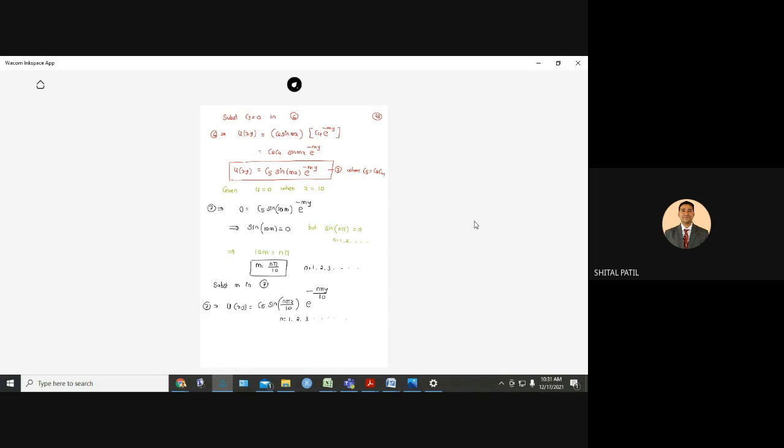Then write, for different values of n, we have different solutions.